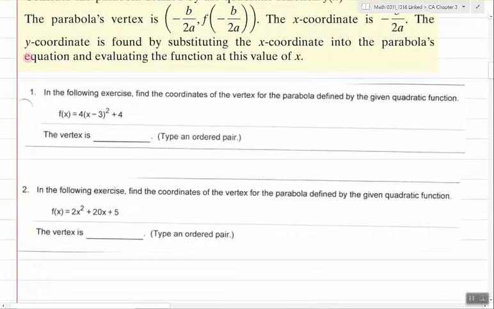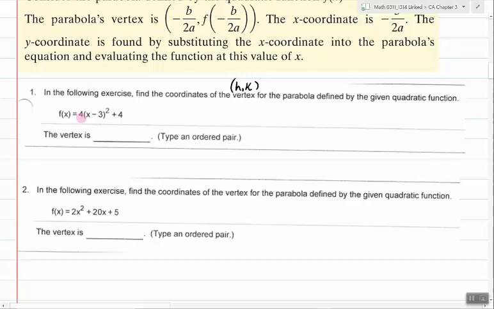Some of these are not going to ask for anything very difficult. For example, number 1. In the following exercise, find the coordinates of the vertex. The minute you hear vertex, it's h, k. For the parabolas defined by the given quadratic function, f of x is equal to 4, that's a.